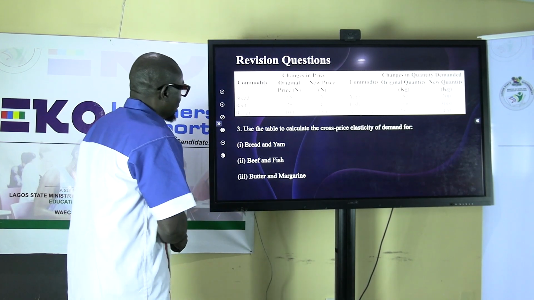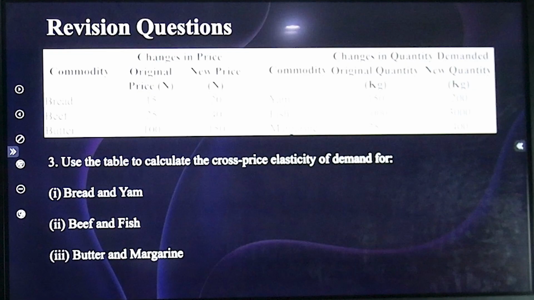So, in this table now, we have two sets of products, where one set gives us the price and the other set gives us the quantity demanded.